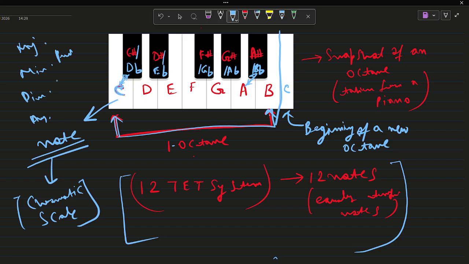A lot of scales can be defined using the 12 notes within an octave, right? So these fundamental parts which are integrated to define an octave are known as notes. So here C is a note, E is a note, F sharp is a note, B flat is a note. Okay, these things are called notes, and a collection of notes defines the scale.